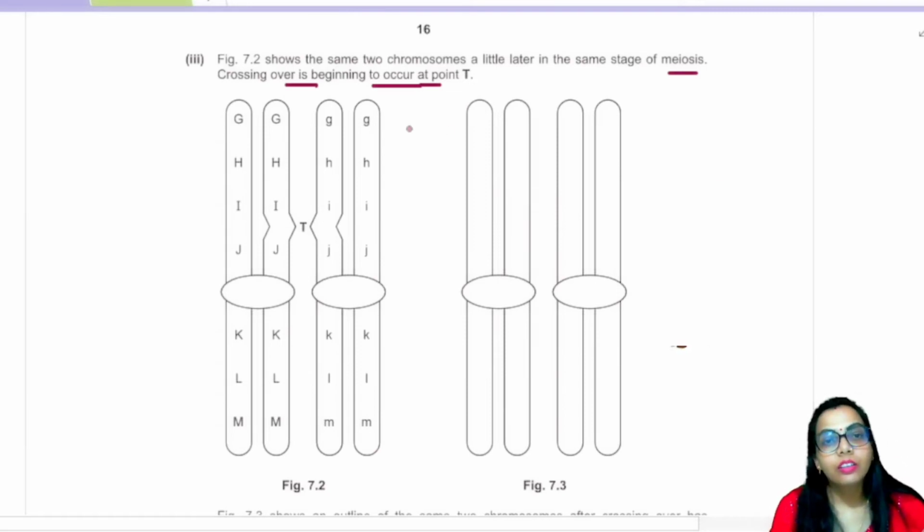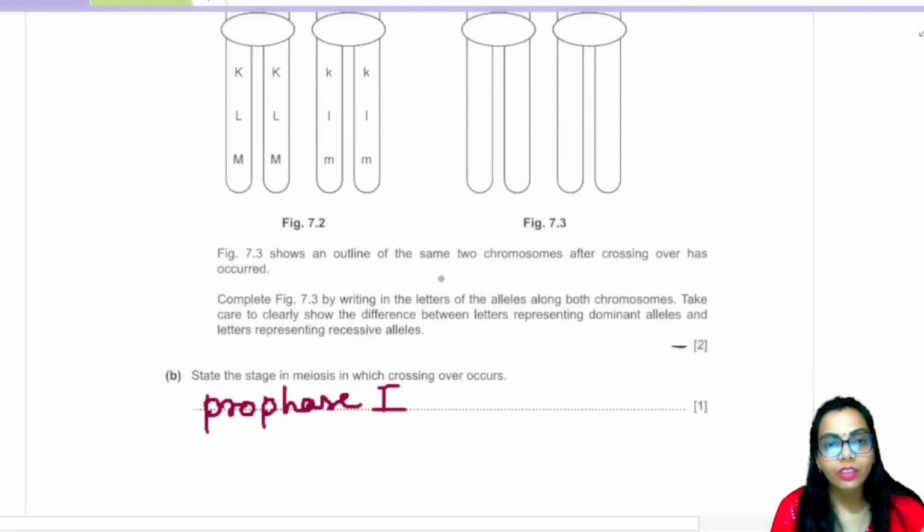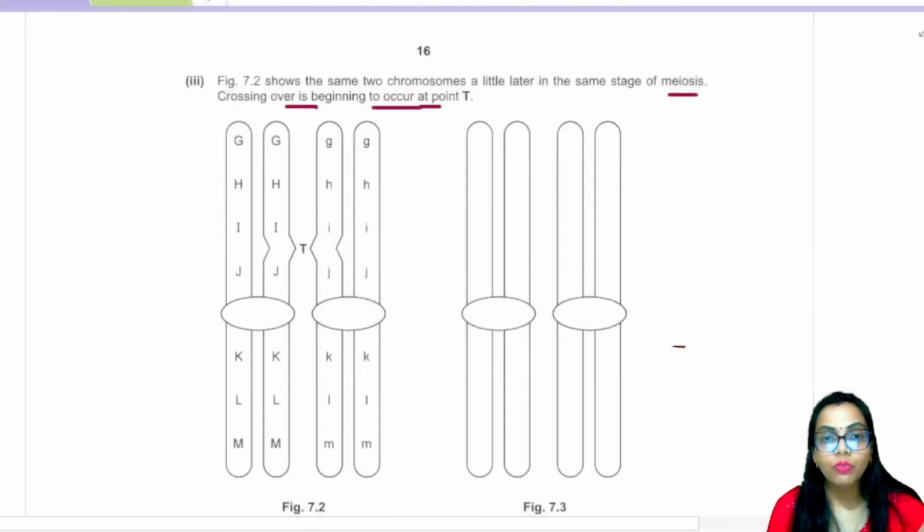And now the question is, complete the figure 7.3 by writing the letters of the alleles along both chromosomes. Take care to clearly show the difference between letters representing dominant and letters representing recessive alleles. So what we have to do here, you can see at this point the crossing over is just occurring among these two non-sister chromatids. So only these two genes or alleles will be changed.